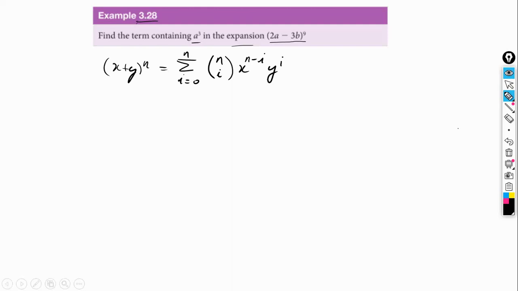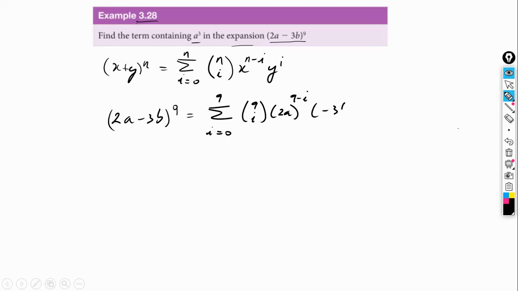For this particular case, we would say 2a minus 3b to the 9 is equal to the sum from i equals 0 to 9 of 9 over i times, in this case, x is going to be 2a, so 2a to the power of 9 minus i, times y, which in this case would be minus 3b to the power of i.